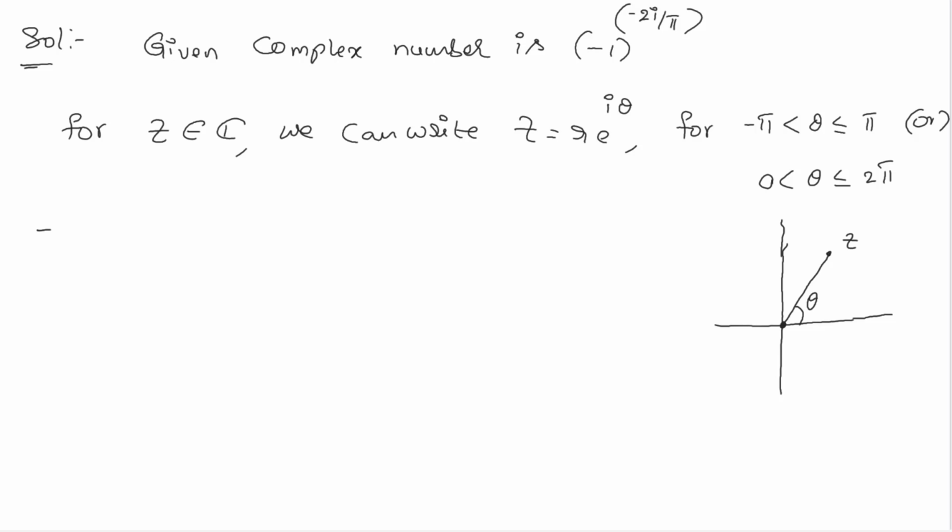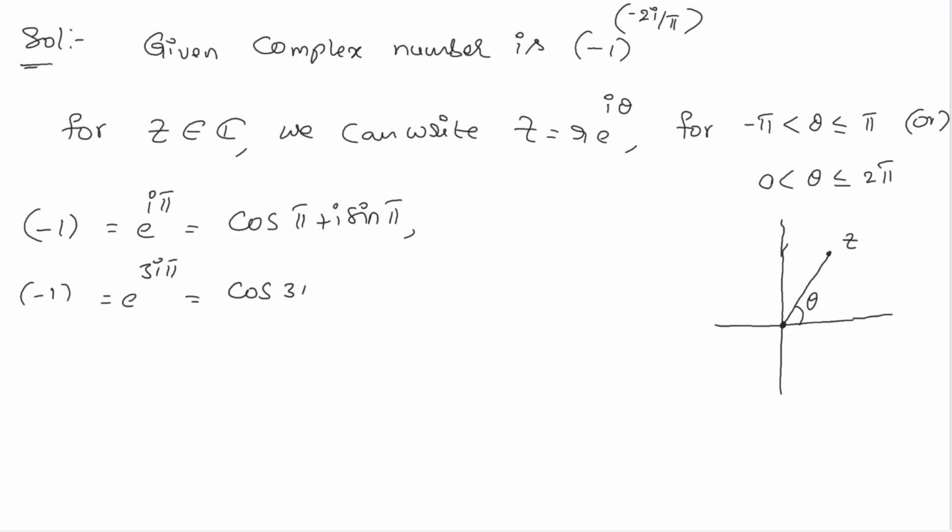Simply, minus 1 can be written as e to the power of i pi, which is nothing but cos pi plus i sin pi, or even one can write minus 1 as e to the power of 3i pi. Even in this case it is cos 3 pi plus i sin 3 pi.